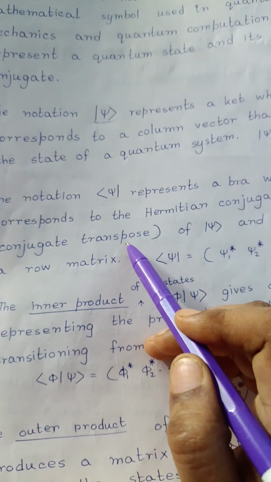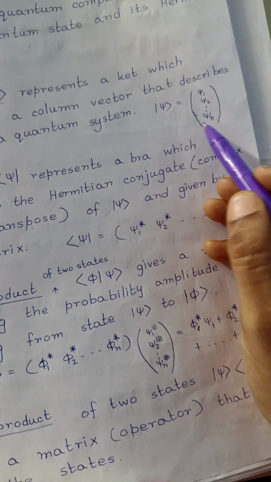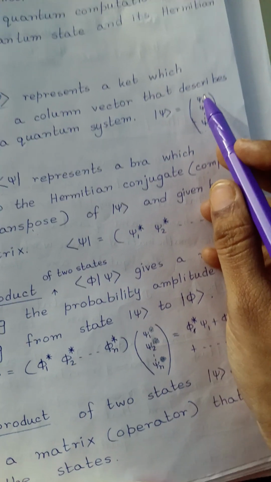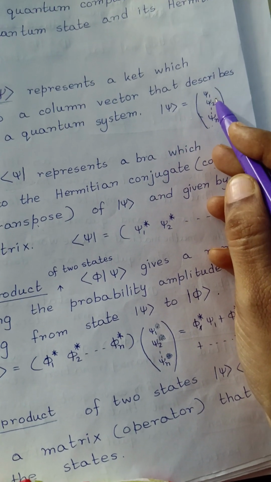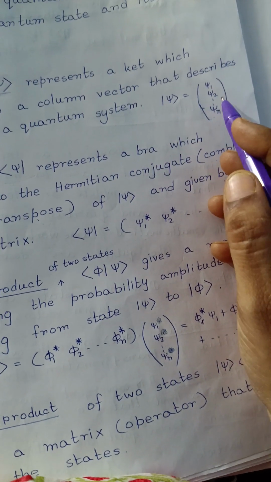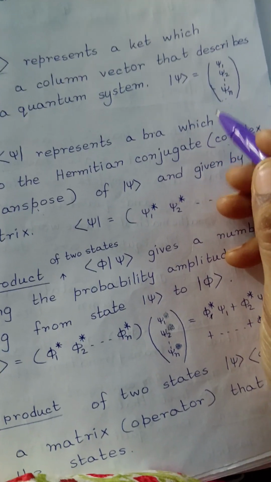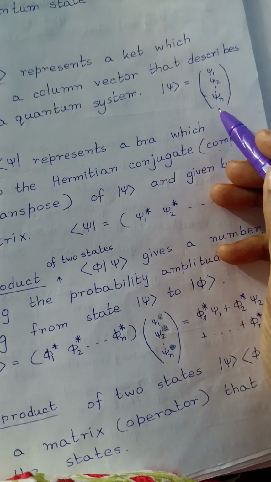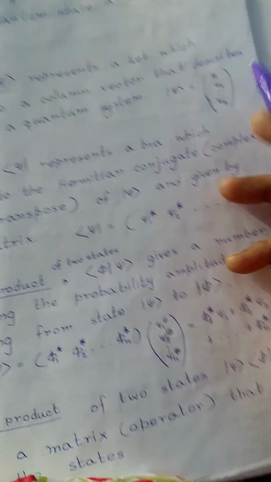What do we mean by transpose? I think you already know, you discussed in your matrix class. So, transpose of a matrix means all the row elements will be replaced by column elements, and column elements will be replaced by row elements. So, here we have a single column. If we take transpose of this matrix, we will get a single row.